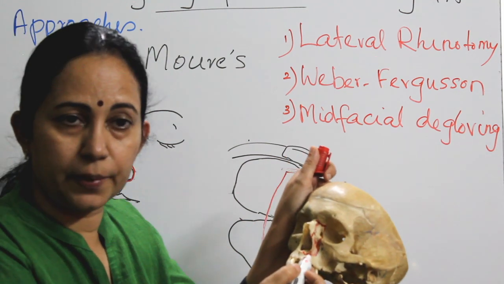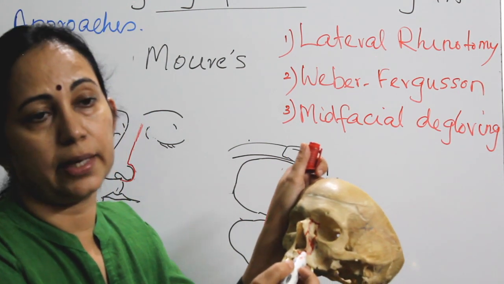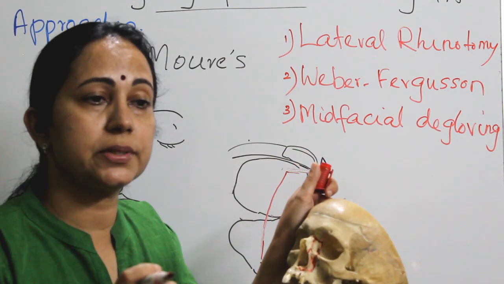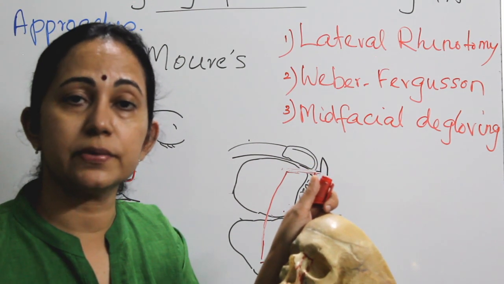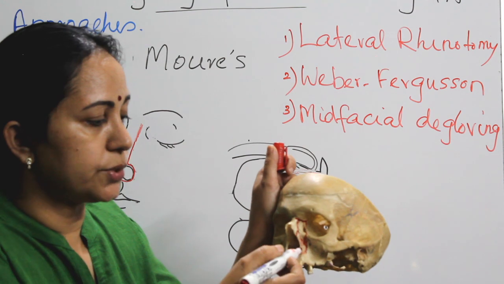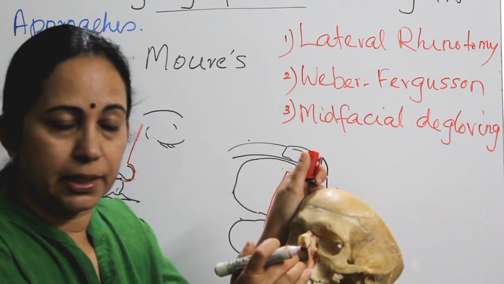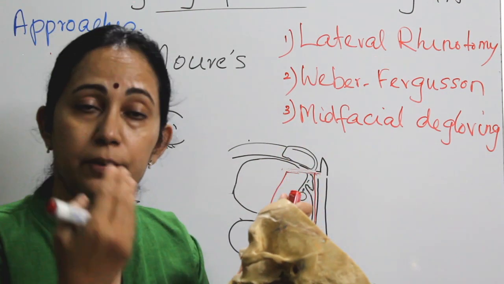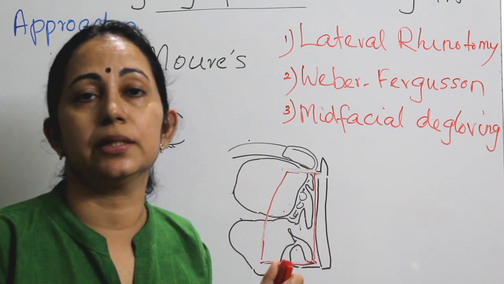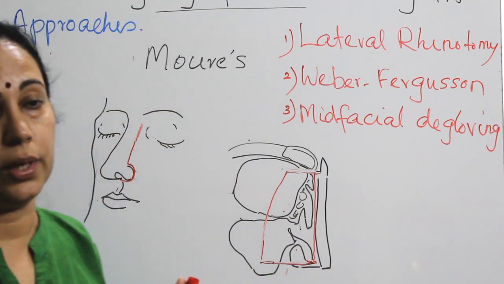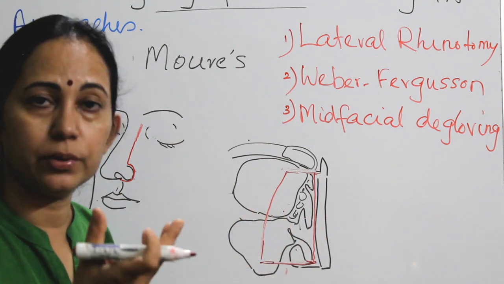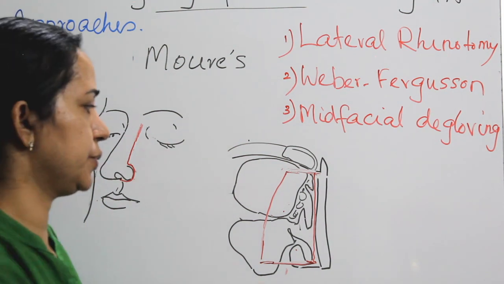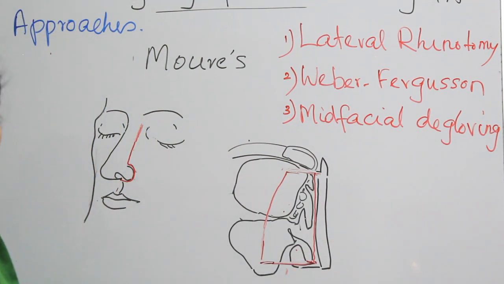In the anterior face of maxilla, a vertical cut comes just medial to the infraorbital foramen. The infraorbital vascular and nerve bundle should not be disturbed, and it should go through the inferior meatus from anterior to posterior direction, and the posterior limit of the antrum is just anterior to the posterior antral wall. From that it is taken out after taking care of the neurovascular bundle and the soft tissue attachments. So that is about medial maxillectomy.